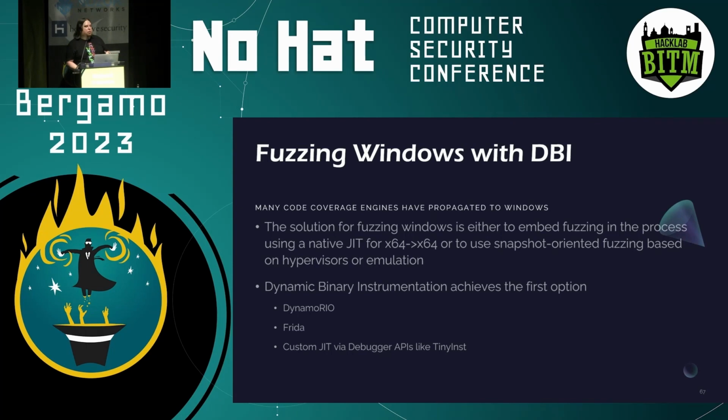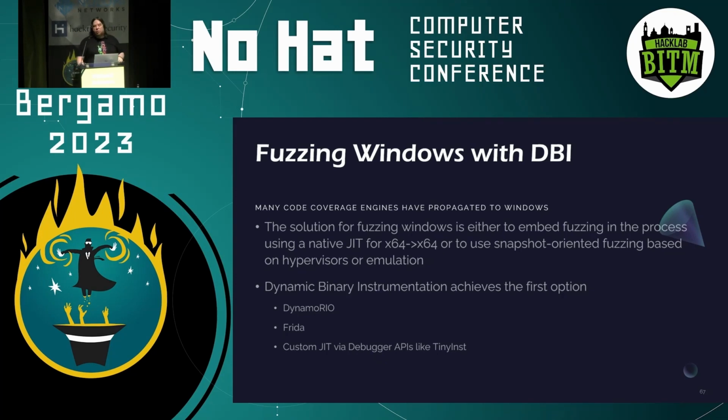So essentially what a DBI does is it will load your program itself manually and then mark those pages as non-executable. And so then it will tell the program to start running. And of course, the first thing that happens is it tries to execute non-executable code. That causes an interrupt. The program handles it, and it says, OK, you're starting to execute this code. We're going to copy this basic block somewhere else and allow you to add code coverage tracking or whatever instrumentation you like. So that was the first approach.